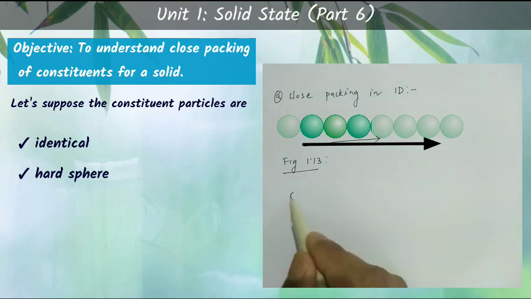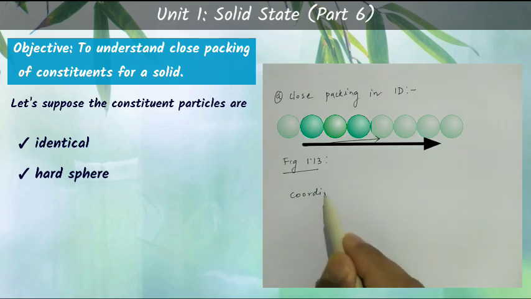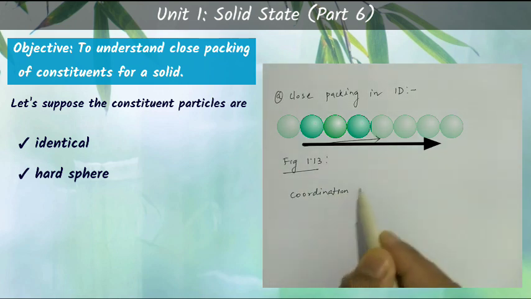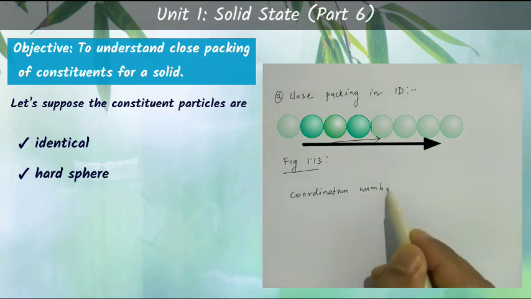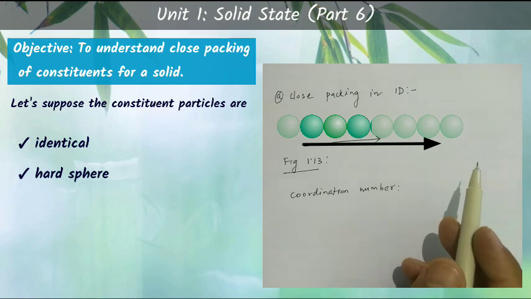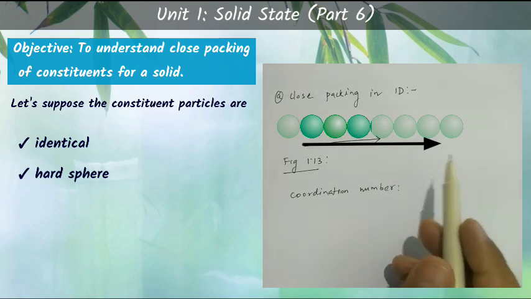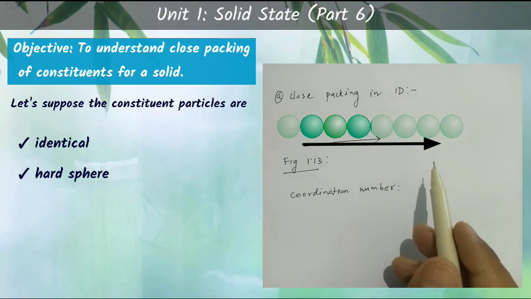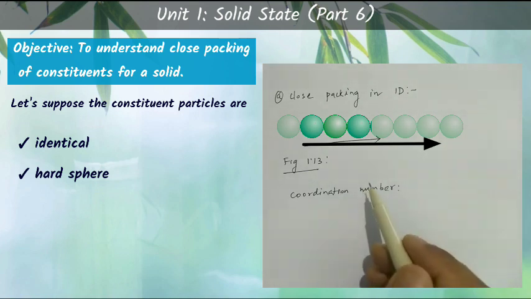Remember this. What is the coordination number? The coordination number is the number of atoms which are nearest to 1 constituent particle.